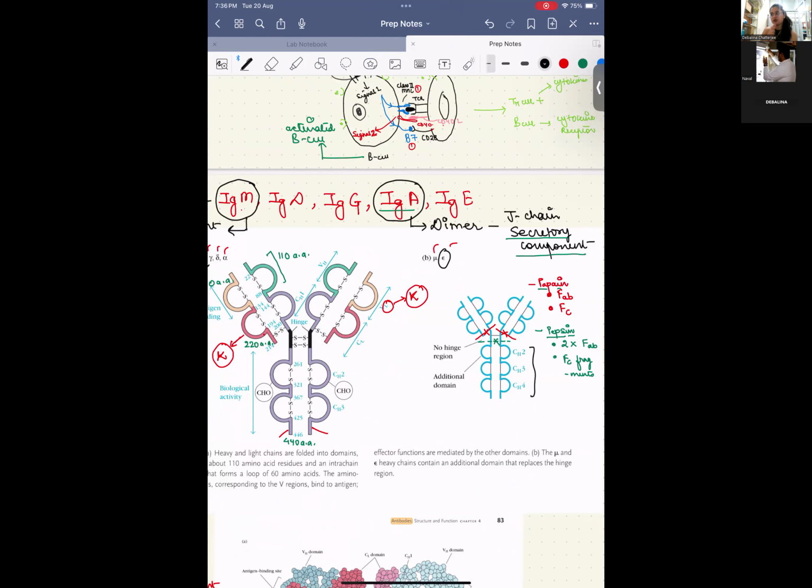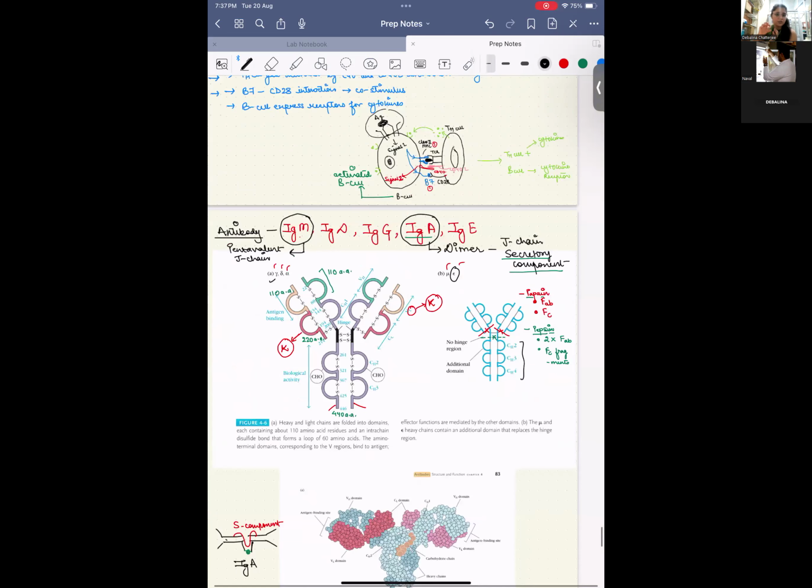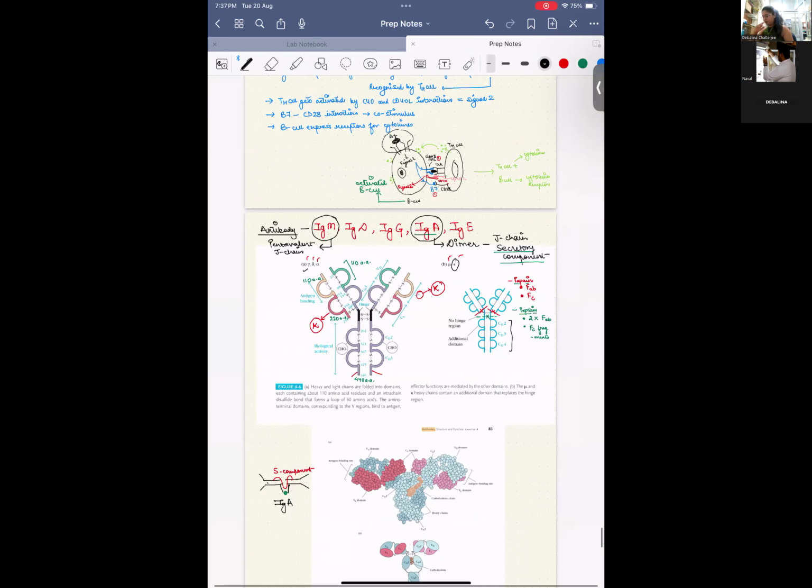IgE only comes into the picture when there is a parasitic infection or an allergic response, or in certain autoimmune responses as well. IgD does not have a lot of role to play, but we saw that during the process of development, IgD is formed. But if IgD is knocked down, there is no effect on the overall development of the B cells. It's also present in very minute quantities in the circulation.